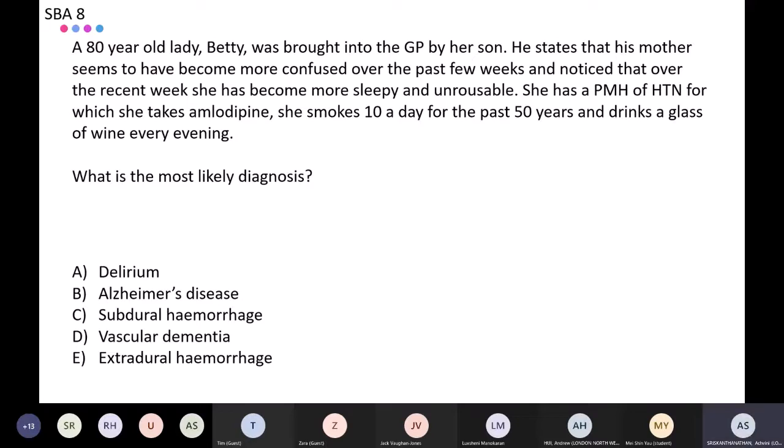Okay, all right, I'm going to stop the poll now. Oh, okay. Cool, I can see the majority have put down C, which is the correct answer.